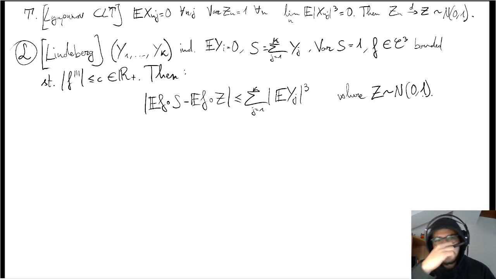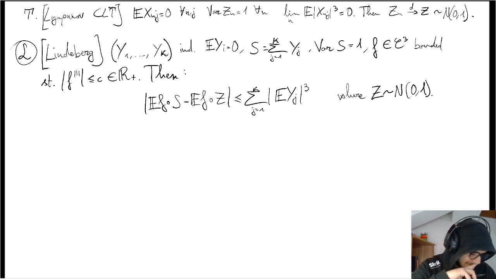So we have that the random variables are independent with mean 0 and variance 1. Well, but this is just a lemma. The proof is very long.